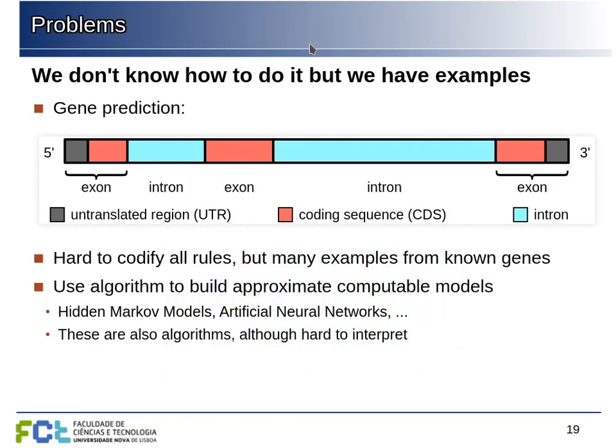For example, consider the problem of predicting genes from a whole genome sequence. Along the genome, we will have parts that are not translated, parts that are junk or leftover viruses or things like that, and then sequences that control which genes are used by each cell, for example, and then we have exons, introns, and so on.